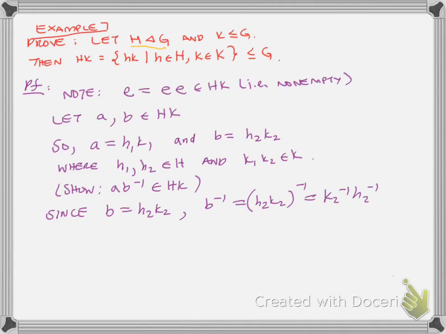And it's important, because if H isn't normal, you can't just assume that when you have two subgroups of a main group and you put them together, it's also going to be a subgroup. So be careful. You can't assume that. But if it's normal, you can.